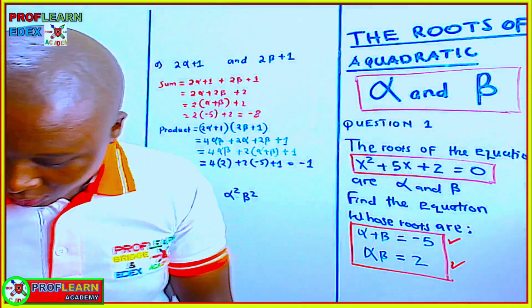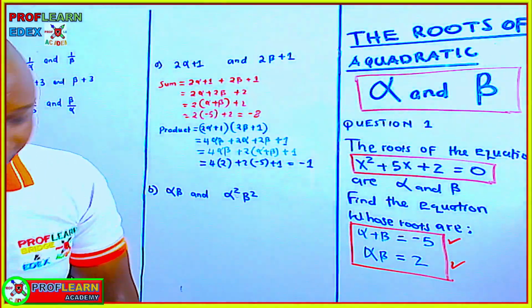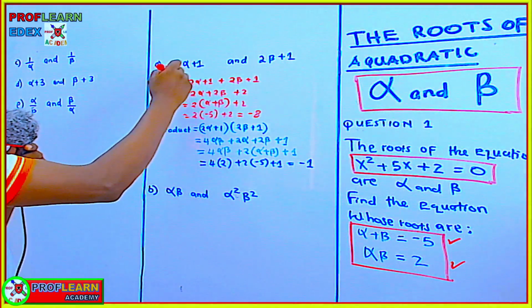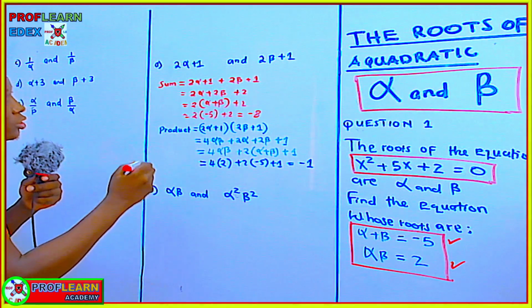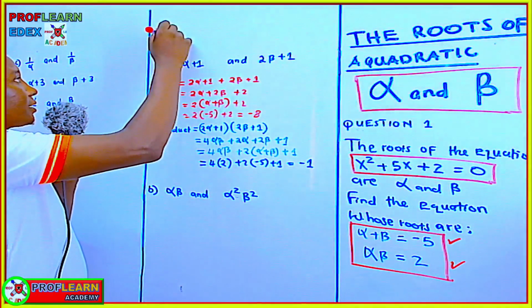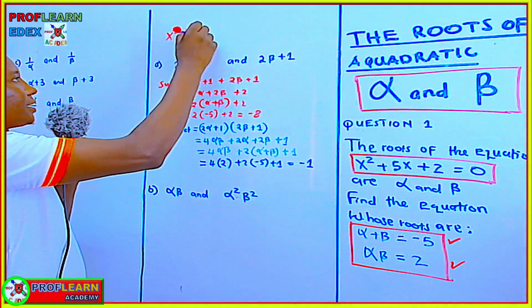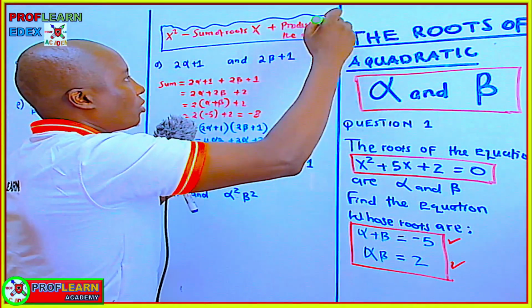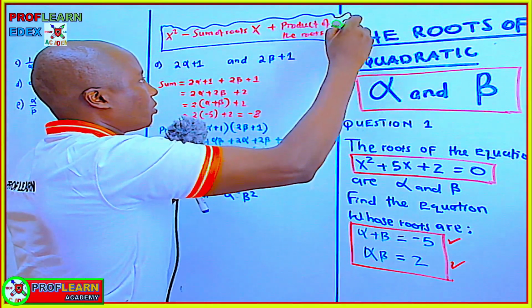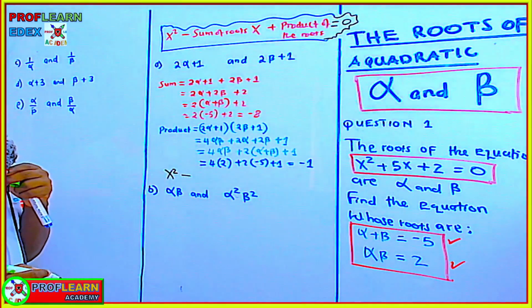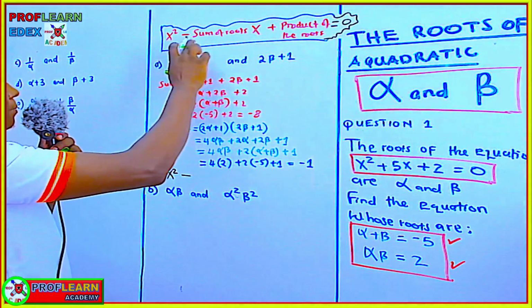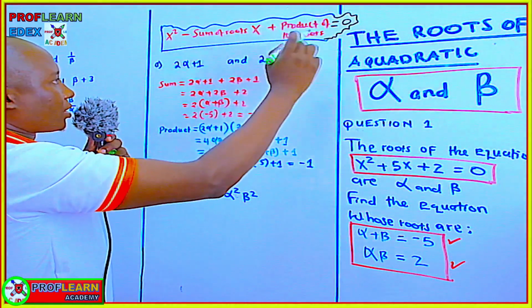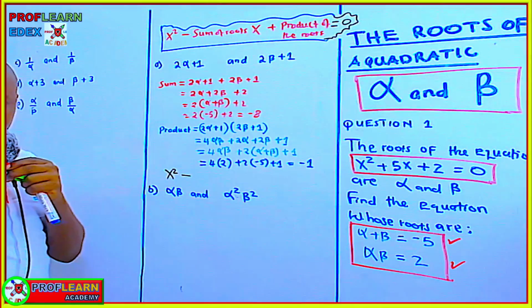So in order to write the equation of the quadratic which has these two roots, we are going to say the quadratic is written as x squared minus the sum of the roots times x plus the product of the roots equals 0.